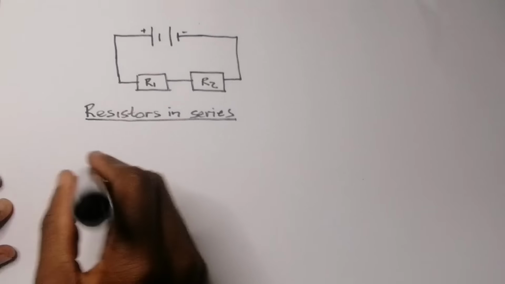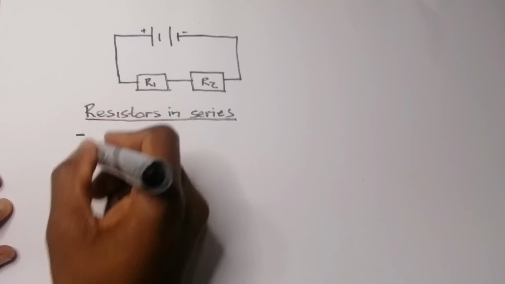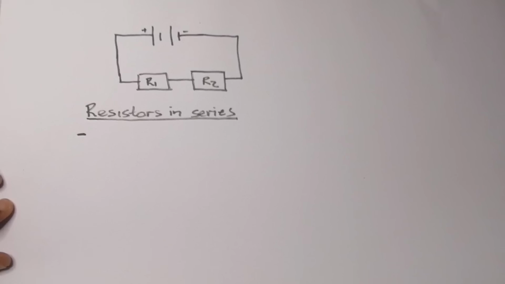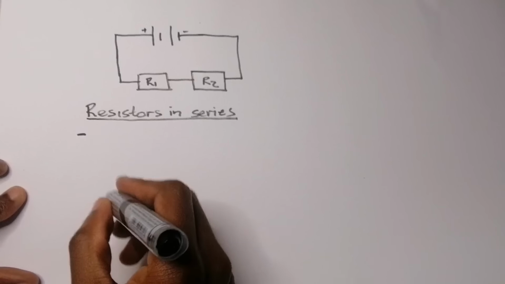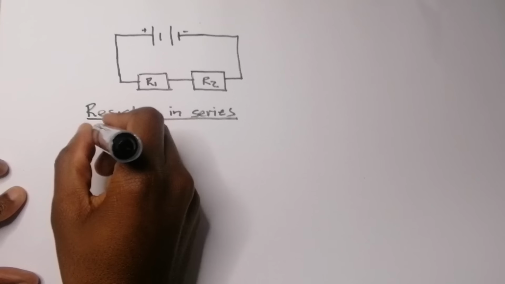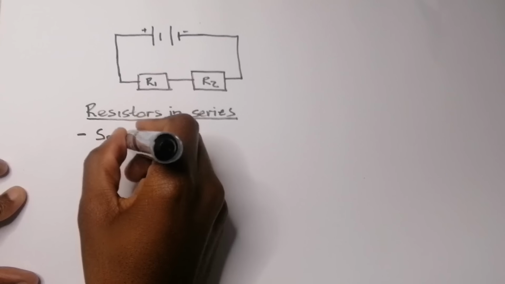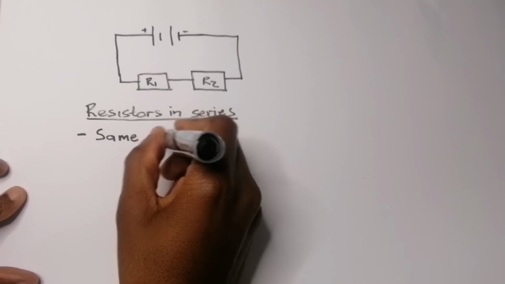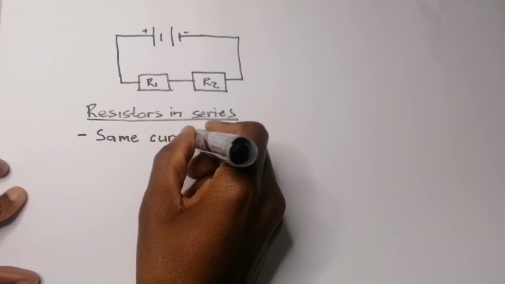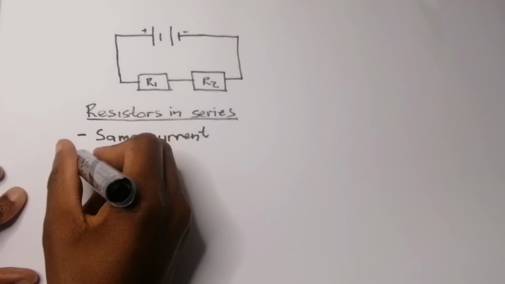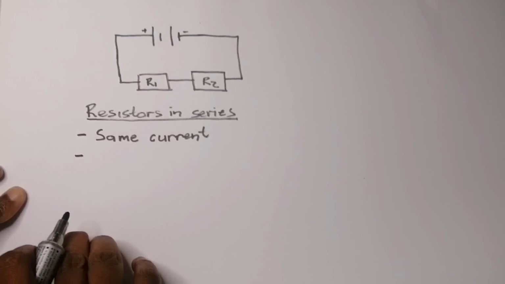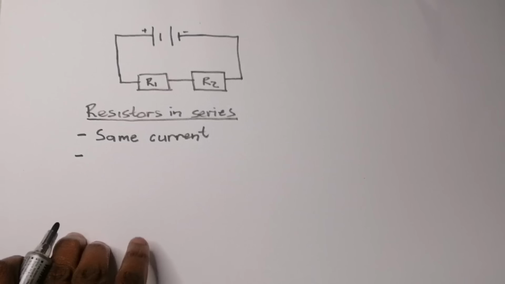Now I want us to clarify a few rules for resistors that are in series. First of all, as I said, it's the same current that flows through them, so they experience the same current. Secondly, they are potential dividers.